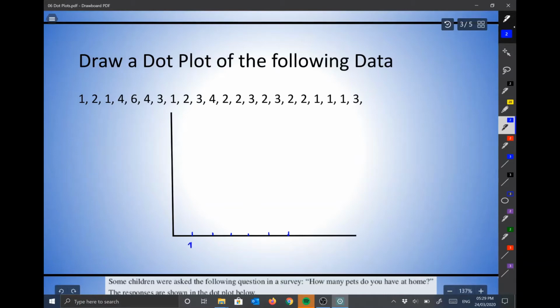So we're going to put those at the bottom of our graph. Scores. And again, the same as the histogram, what we're going to have up the side, the vertical axis, is how often our scores occur, or their frequency.